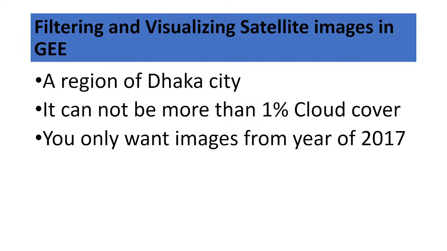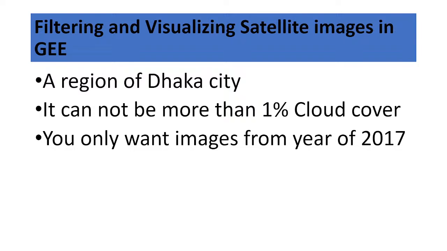Okay. So basically it is totally different for the specific time period. So mainly when you want to filter this image collection, it depends on some factors: the specific region, and the filter metadata.